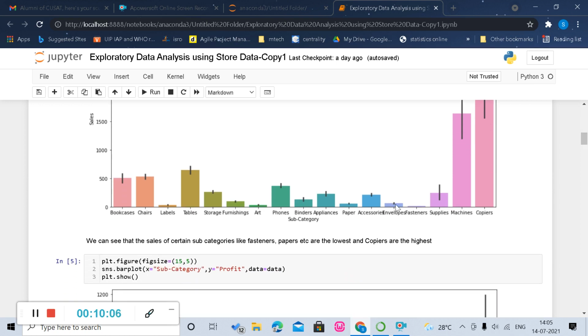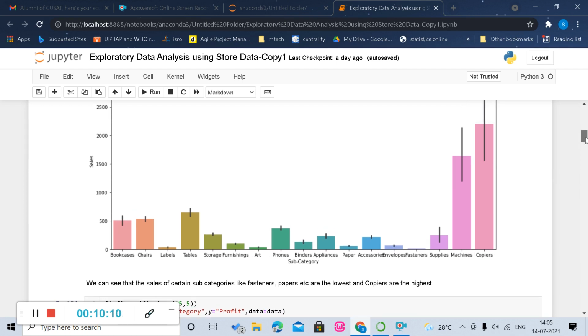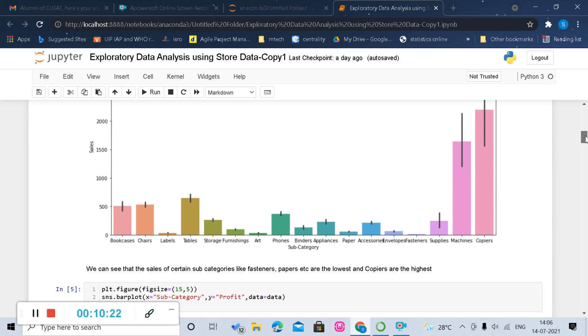You can also analyze from this graph the ones with very small sales, like fasteners, envelopes, paper, art, labels. These have very little sales.